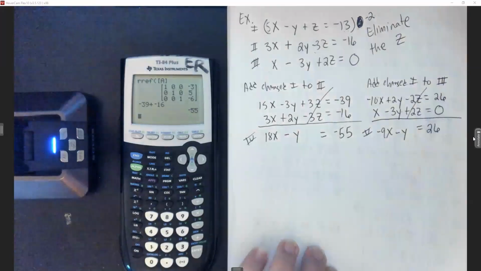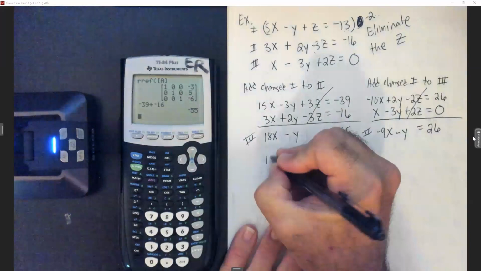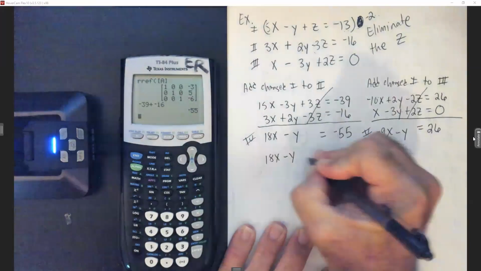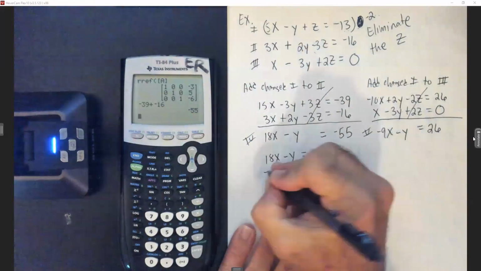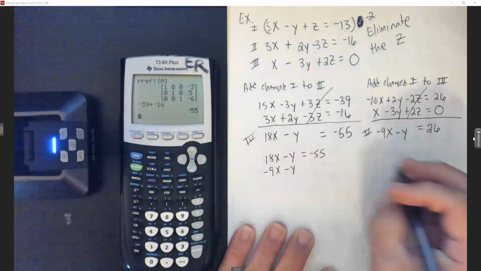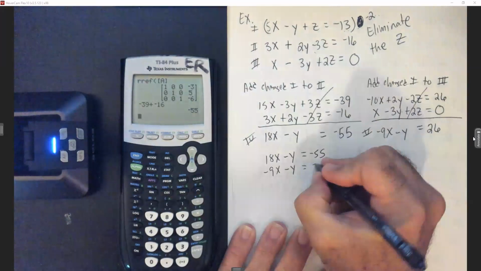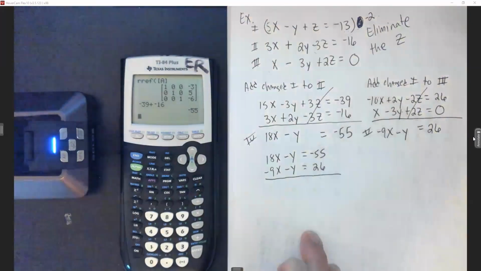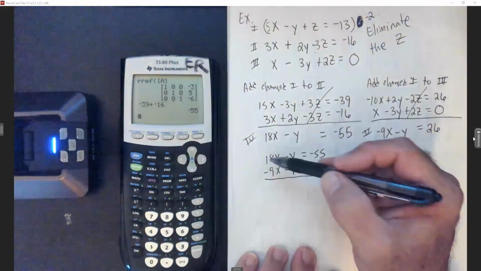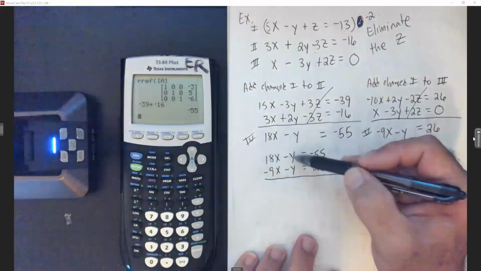So let me bring these two together. And then that was a negative 9x minus y equaled 26. So y'all, if you notice, I can't get rid of the x's and I can't get rid of the y's as they stand.